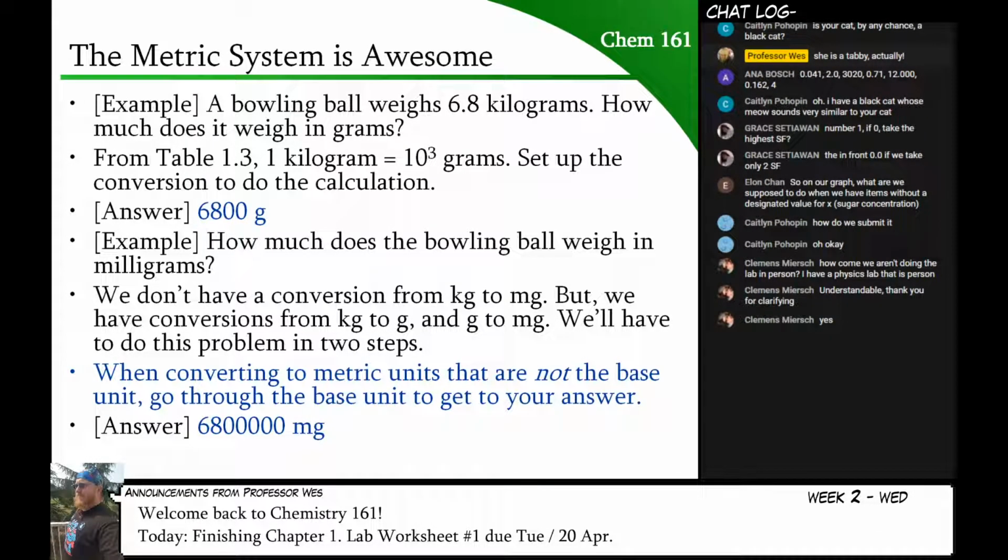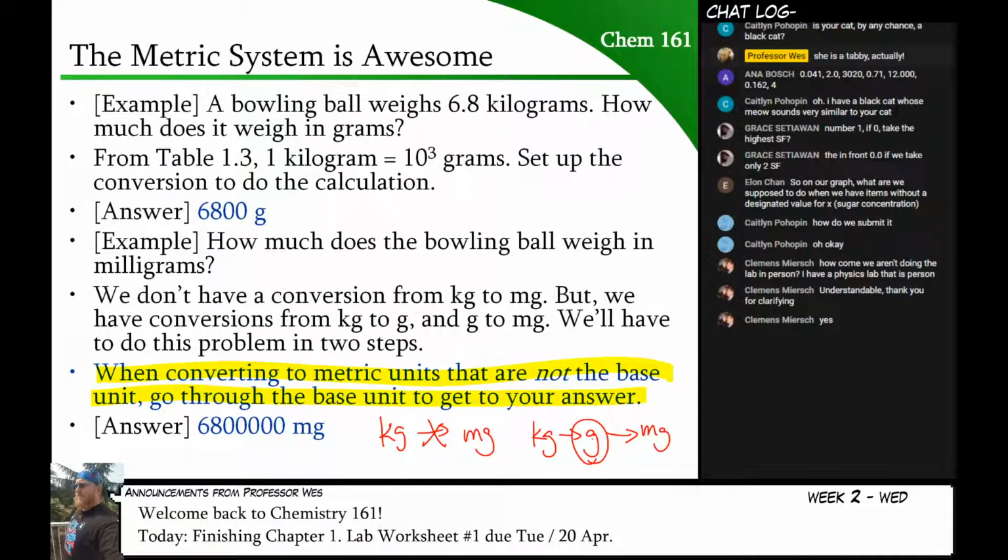Now, on the bottom here, I have a note that says when converting to metric units that are not the base unit, go through the base unit anyway. We actually did that. So if you had started with kilograms and we're doing this problem, then my recommendation for your path is not to do this. Don't do this directly. Instead, turn kilograms into grams and then into milligrams.